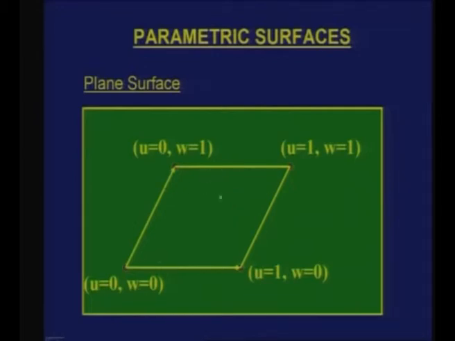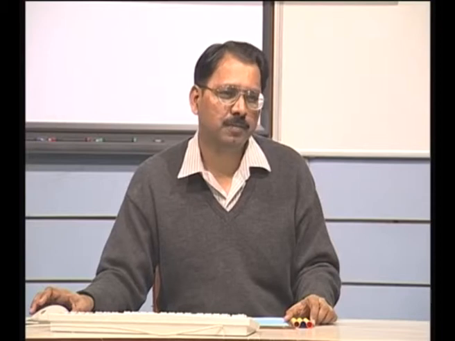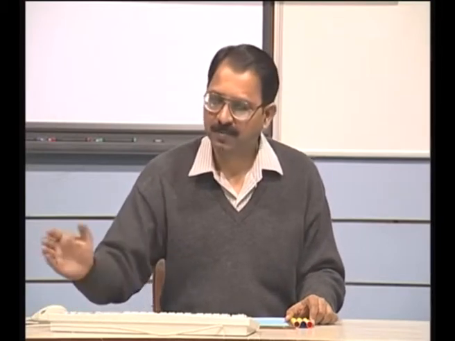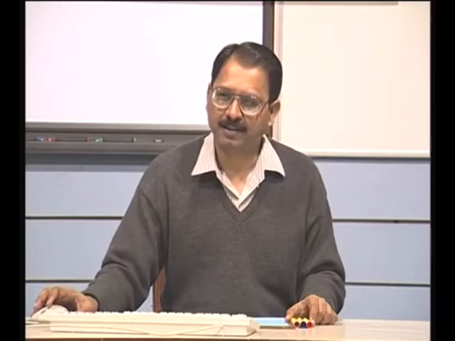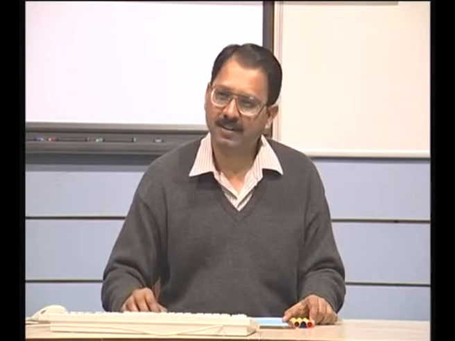So, I can differentiate, saying that one portion of this parametric equation represents a triangle. That means you can put an additional condition on u and w in order to represent that. So, it can be very easily used to represent a triangle also. We will see what that condition is. How do you split a parametric surface so that you are concentrating on only one part of the surface, etc.